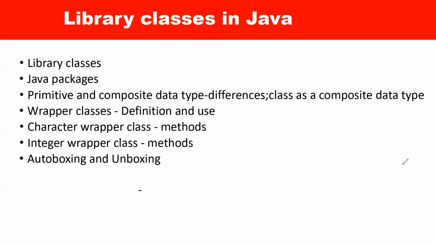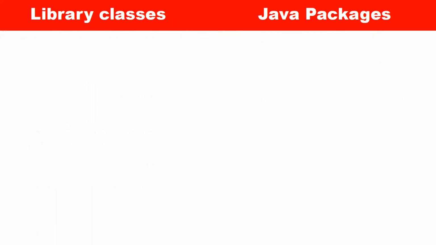So let's start with the first topic, the library classes. Now, you are already familiar with the Java API or the library classes, right? In initial lessons, we have discussed that your JDK comprises of API and JVM. We have discussed API and library classes in previous chapters.